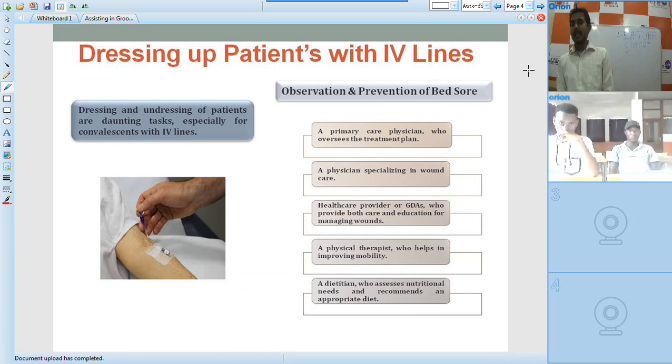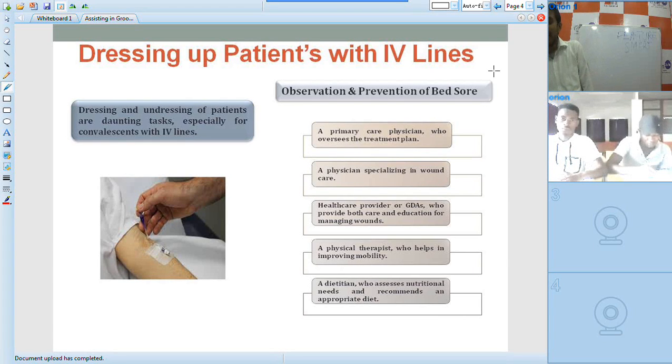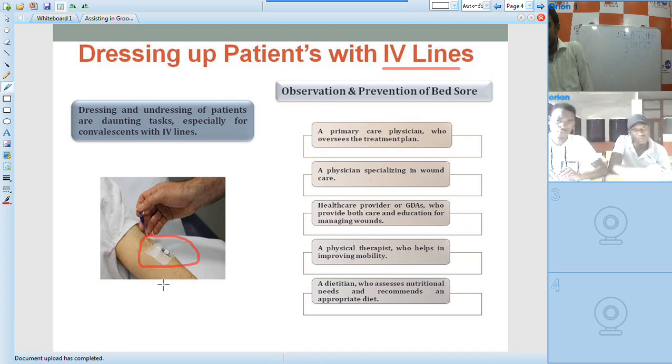These are some guidelines for when the patient has an IV line. What is an IV line? Just you can see here, the patient has an IV line inserted.